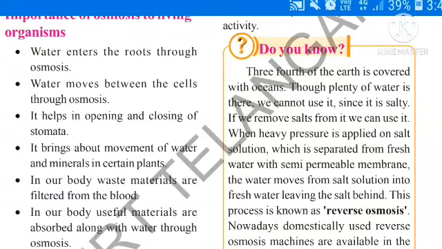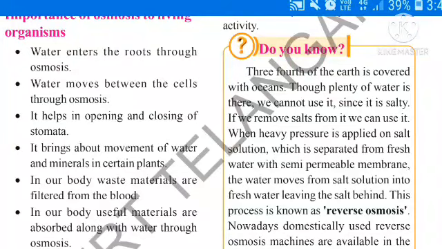Solvent means the fluid substance that dissolves solid substances. That is called solvent. These are some concepts about osmosis.